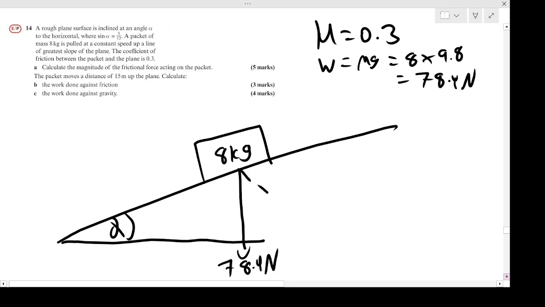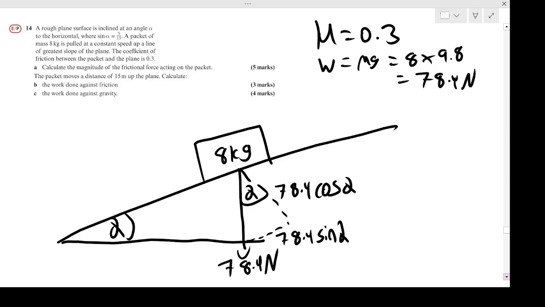And so then I can split up my weight in this way. So this is also angle alpha. This is going to be 78.4 cos alpha and 78.4 sine alpha. Then I've got my reaction R. Now it's moving up the plane, so it's going to move up the slope.